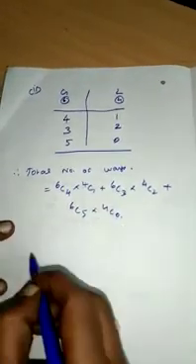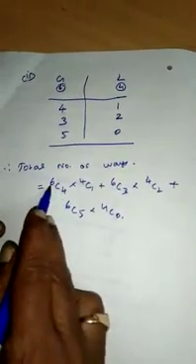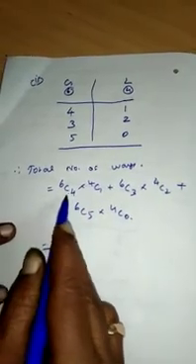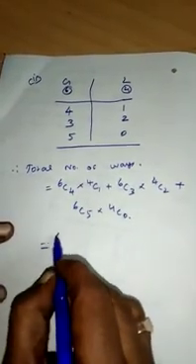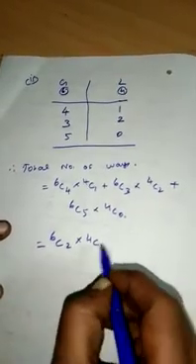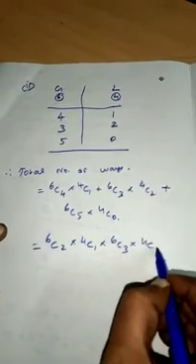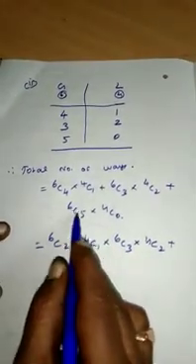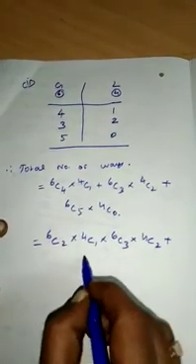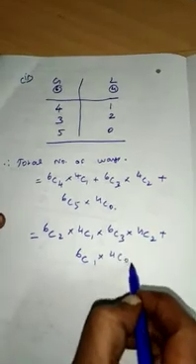We get 6C4 is equal to 6C(6 minus 4) is 2. Then we can write it 6C2, 4C1, 6C3, 4C2, 6C5 is equal to 6C(6 minus 5) is 1, 6C1 into 4C0.